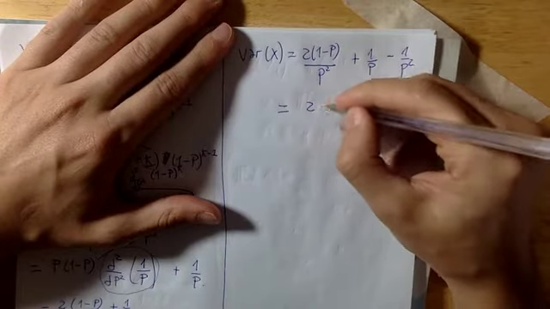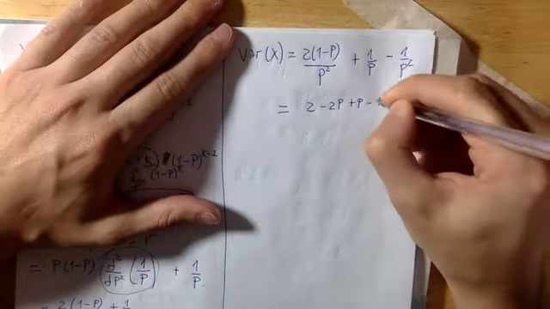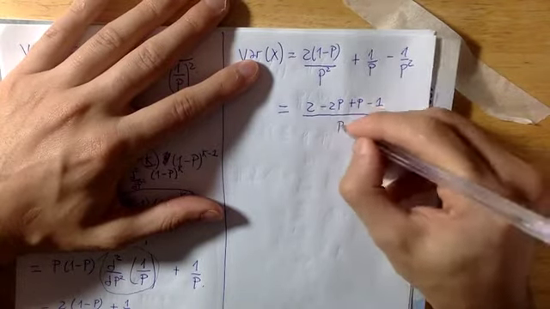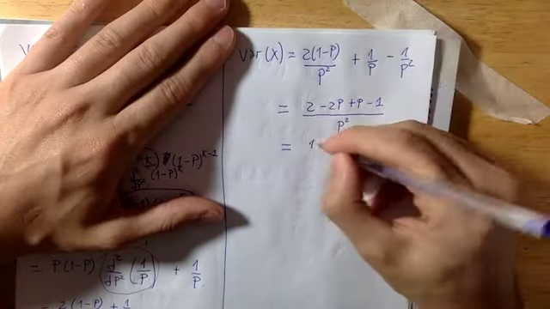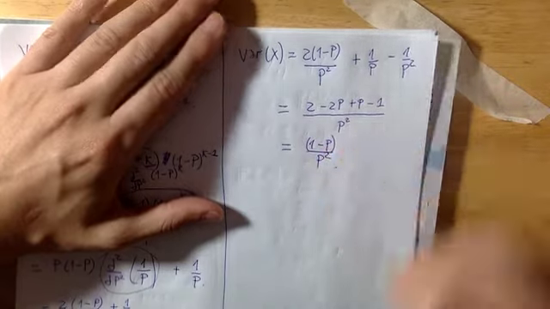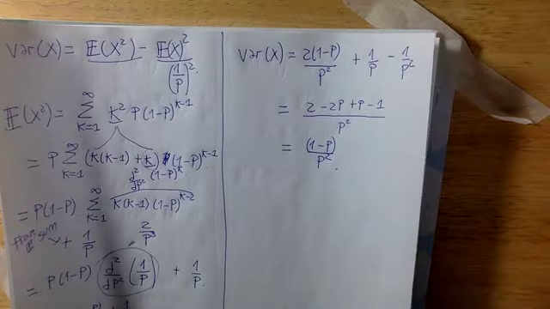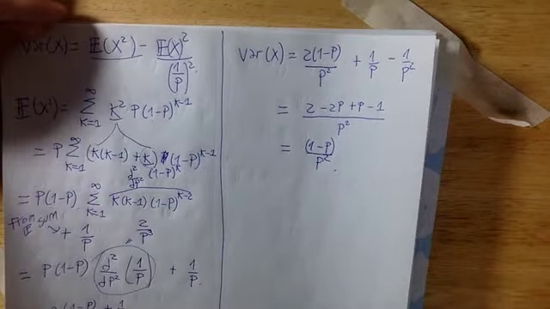So we are going to get 2 minus 2p plus p minus 1 over p squared. So here you are going to get (1 minus p) over p squared. Okay, so this is one way of doing the variance.